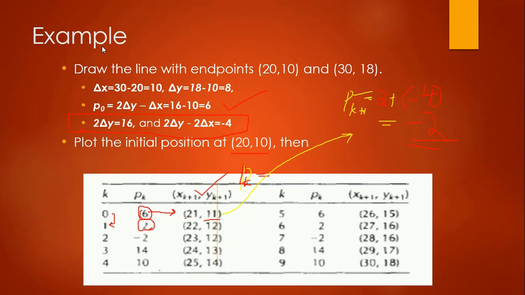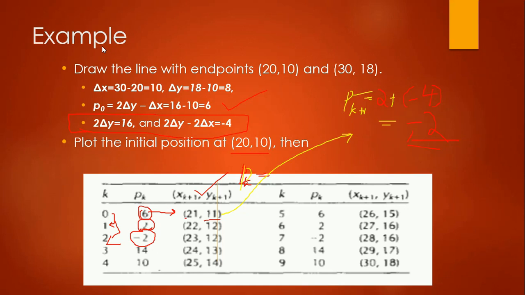This value you are going to take as the next decision parameter. So increment k by 1, and you have written the decision parameter, and it is -2 now.